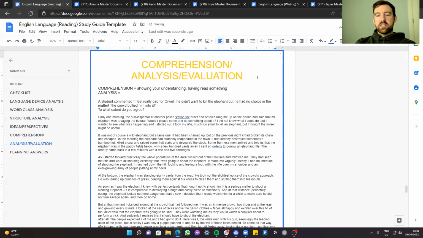Then we go up to the next level, which is analysis. With analysis, it's actually breaking down language or structure or both to explain something within the text. These questions are normally more to do with single points of evidence that you break down.